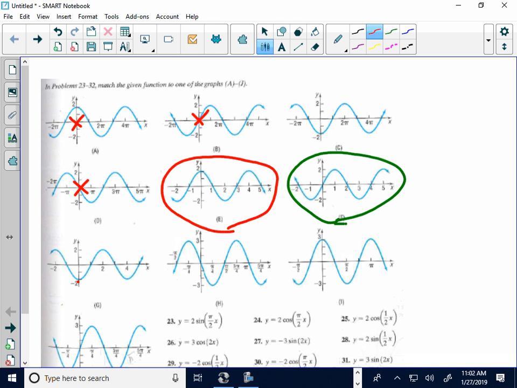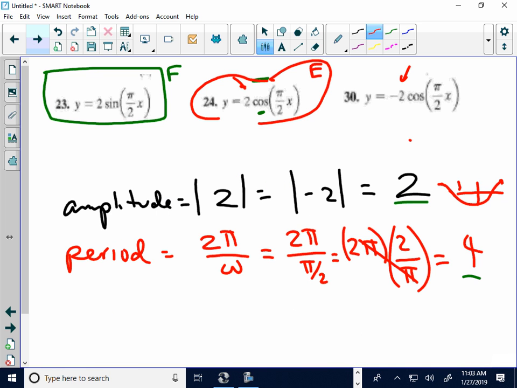This one here is an upside down cosine, and the period is 4, and the amplitude is 2. So this is the one we want, choice G. So G is the answer for problem number 30.